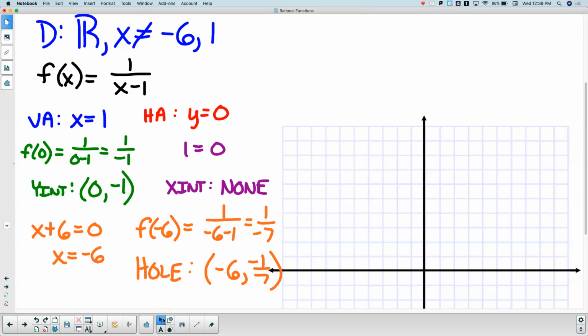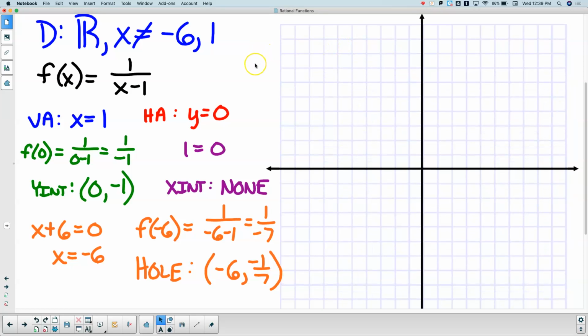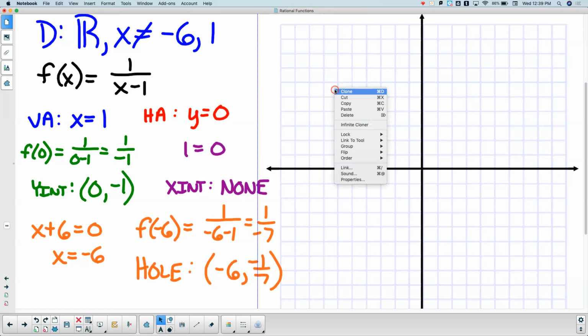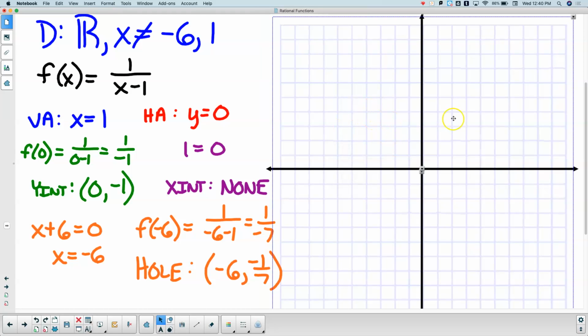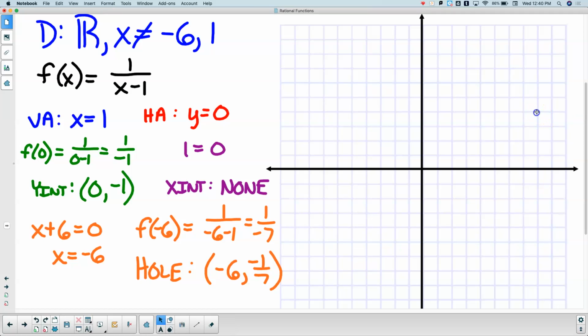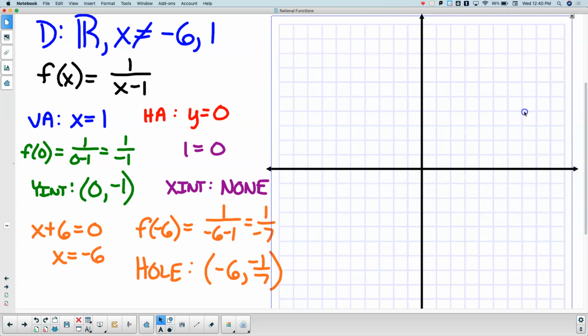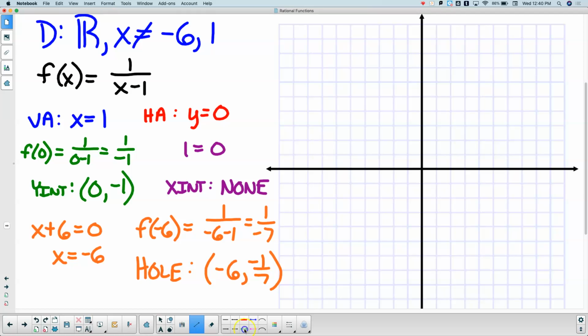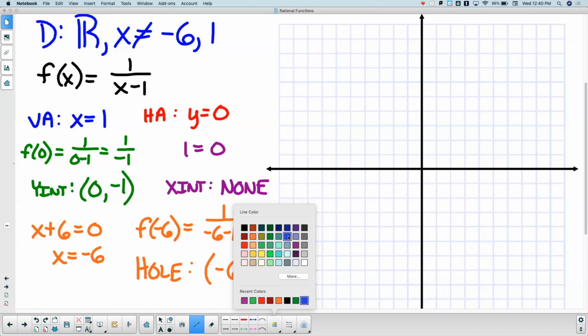Okay. So then on my graph, I've got a vertical asymptote at 1.